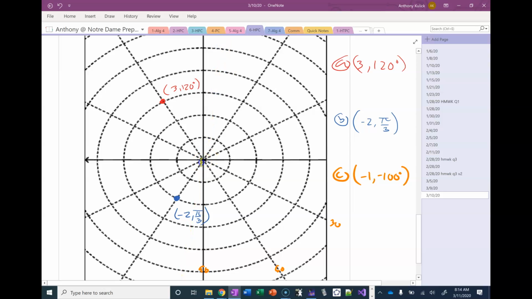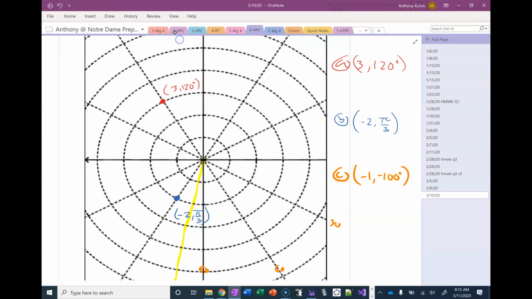Oops, I don't want to draw that much of it. So maybe like there, right? That's a reasonable estimate. You're just going to have to eyeball it, but you want about 1/3 of that wedge. Everybody's okay with that? So that's the terminal side for my -100 degrees.